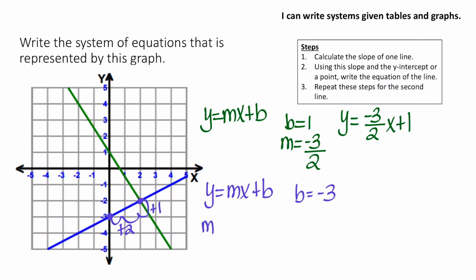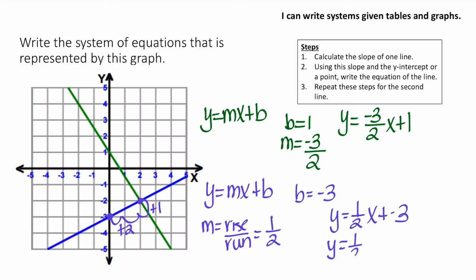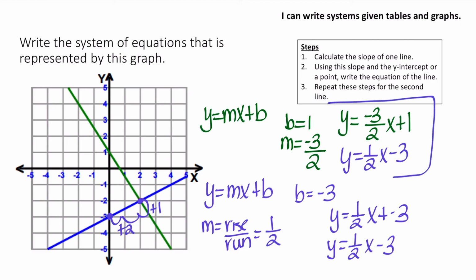So m, which is my rise over run, equals 1/2. So if I write this equation, it's going to be y equals 1/2 x plus negative 3, which is y equals 1/2 x minus 3. So if I write these two equations together, y equals negative 3 over 2x plus 1 and y equals 1/2 x minus 3, that is my system of equations that is represented on this graph.